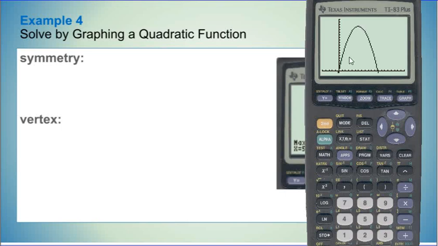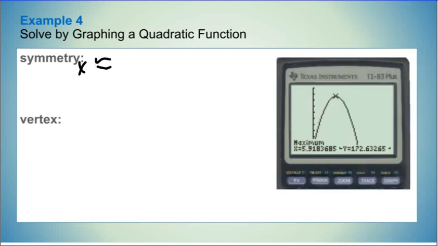now we need to find the vertex here. We hit second, trace. The vertex is a maximum here, so number 4. Left bound, I need to go to the left of the vertex. Hit enter, go to the right of the vertex, hit enter. Guess, hit enter a third time. It gives the axis of symmetry, 5.8, but if we round it to the nearest second, we would say about 6 seconds.